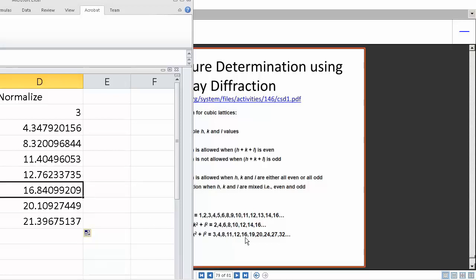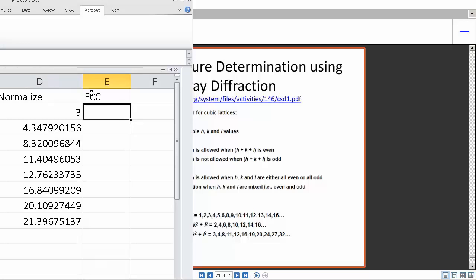It's supposed to be 16, a little bit on the large side. That's supposed to be a 19, and that's supposed to be a 20. So maybe if we went back to the graph and read it more accurately, we should hopefully get a sequence that is similar to this. But I'm convinced now that this is an FCC type.